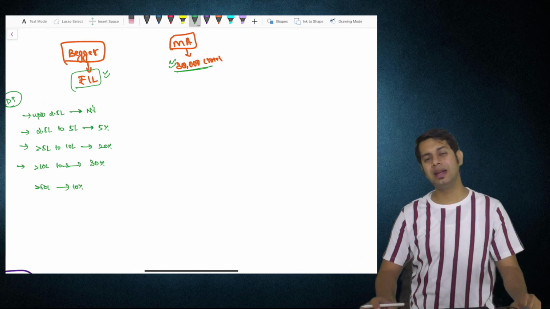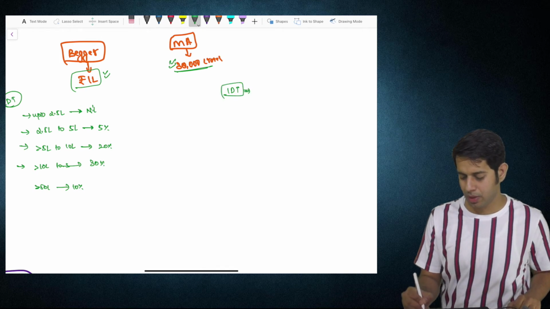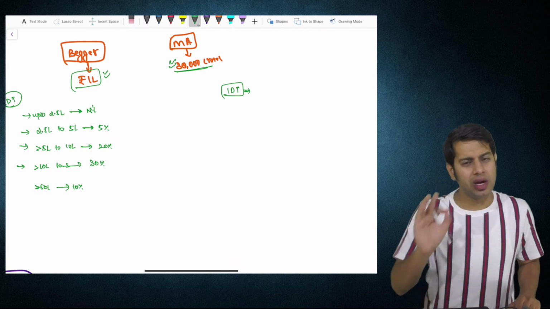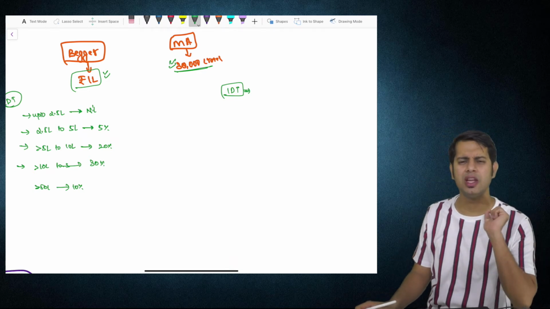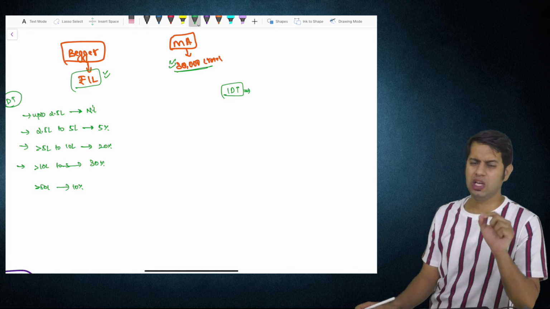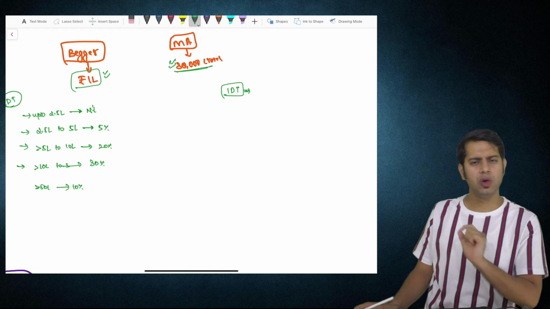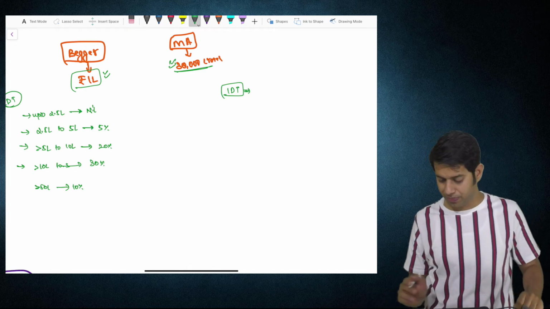Whereas in case of indirect taxes, irrespective of your income, I don't care whether you are a beggar or Mukesh Ambani, you will have to make the same amount of tax payment to me. Meaning what, sir?